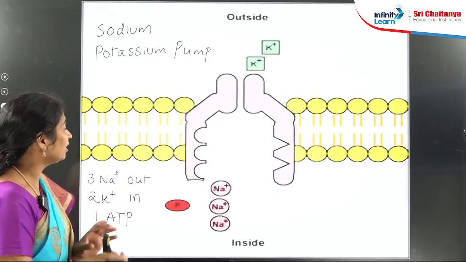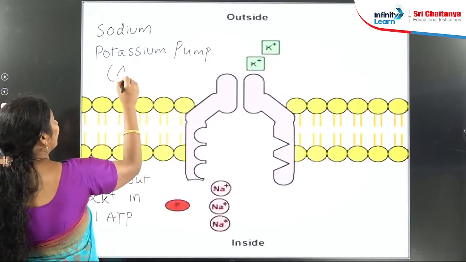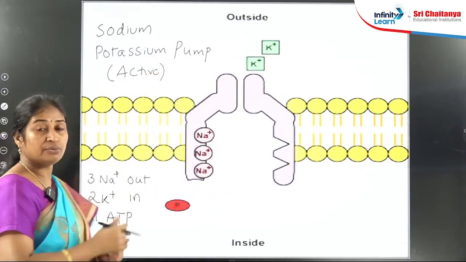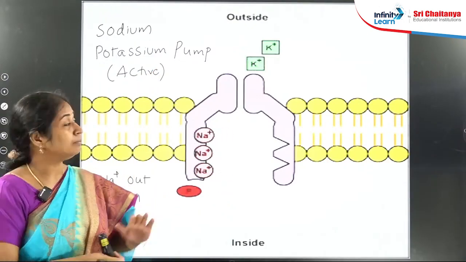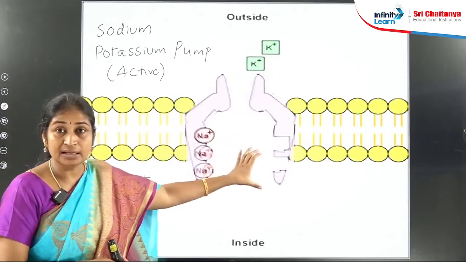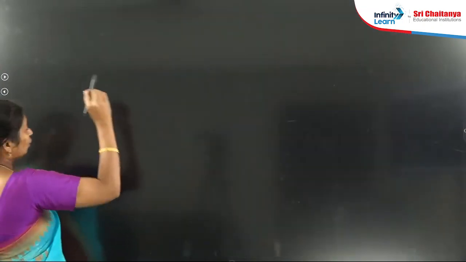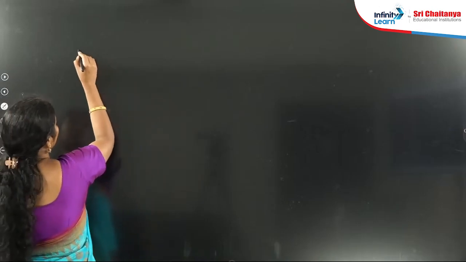What is the role of this active channel? It is involved in maintaining the concentration gradient, and it always maintains the membrane in the resting or polarized state. Now we are going to give some stimulus.